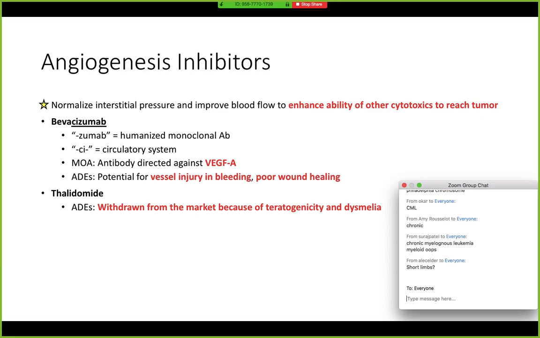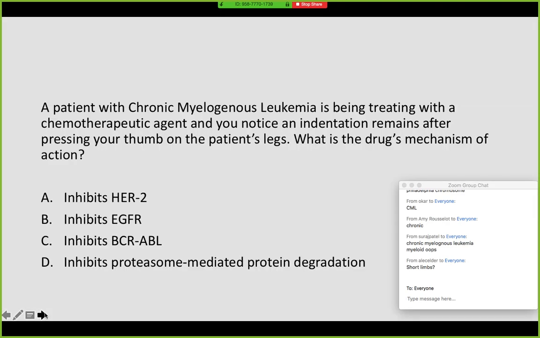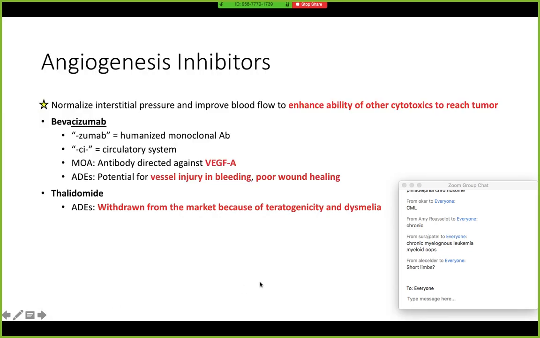Right, short limbs. It basically means that something has gone wrong with the limb, so it's a catch-all term. If you remember those words like amelia, no limbs, or meromelia. Dysmelia just refers to a malformation of the limbs. But typically what you see with thalidomide, you're right, is the short limbs.